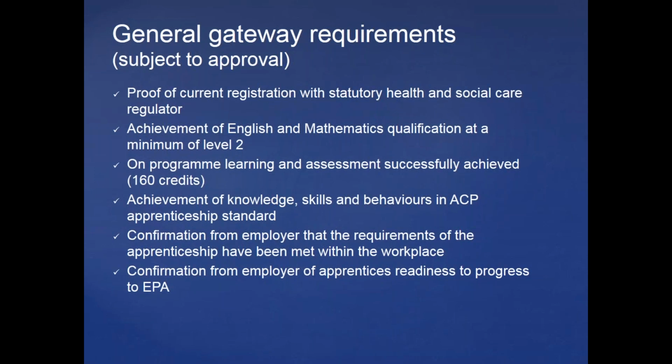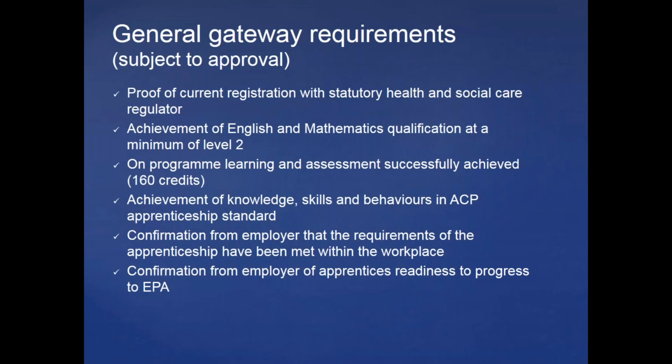The next one is common to all apprenticeships. At the point of the gateway requirement, all apprentices must have achievement of an English and Maths qualification at a minimum of level 2.